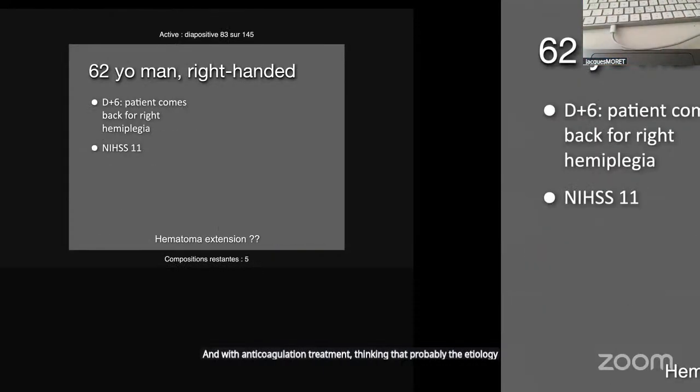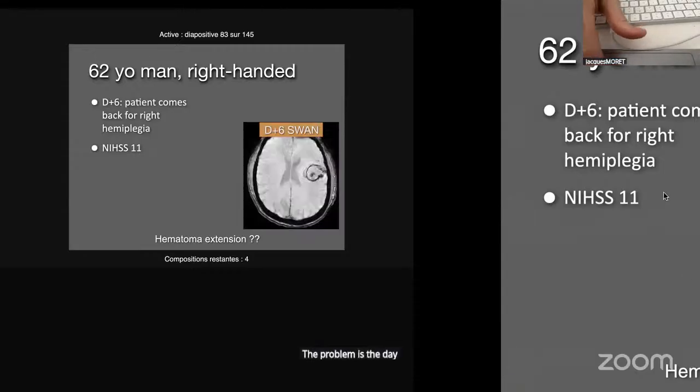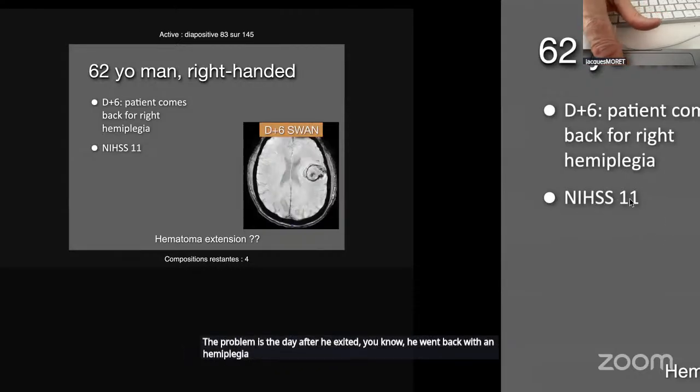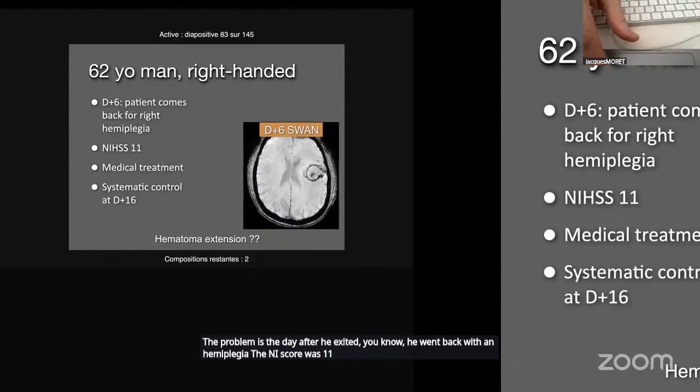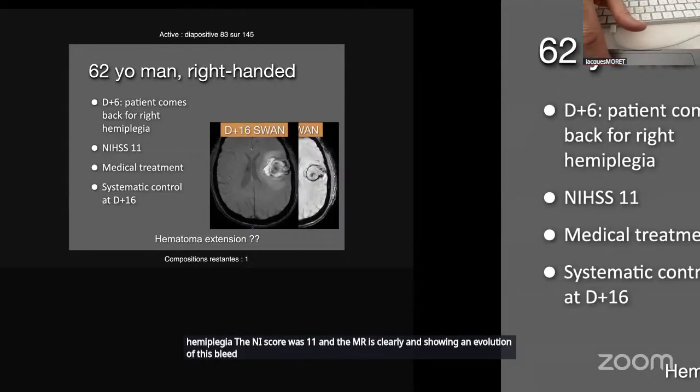The problem is the day after he left, he came back with a hemiplegia. The NIH score was 11, and the MR is clearly showing an evolution of this bleeding, which was supposed at the beginning to be related to the stroke.